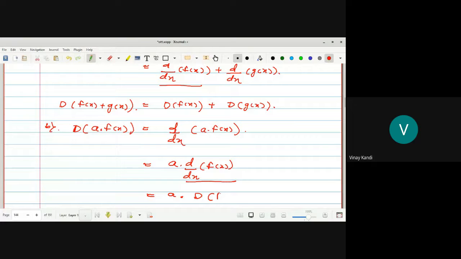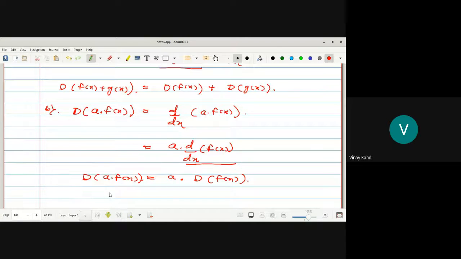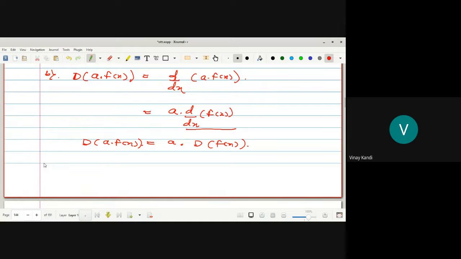So here we get D of a times f of x is equal to a times D of f of x. So this proves that capital D is a linear transformation.